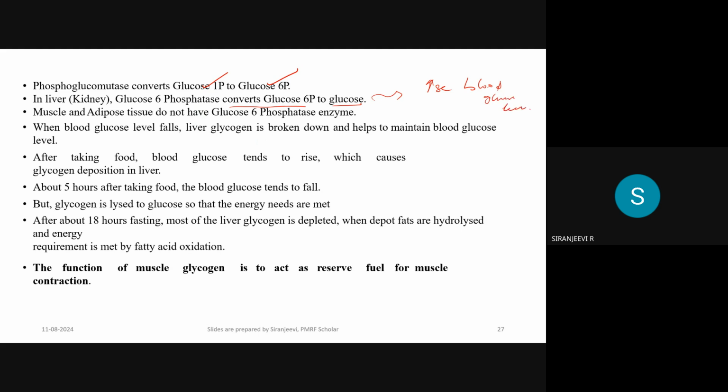But the muscle and other tissues will not have the glucose 6 phosphatase enzyme. So what it does is send this glucose 6 phosphate, which is an intermediate of glycolysis, onward. Then glycolysis will proceed, then the TCA cycle, then the ETC. Finally, more ATP will come. This ATP will be used for muscle contraction.